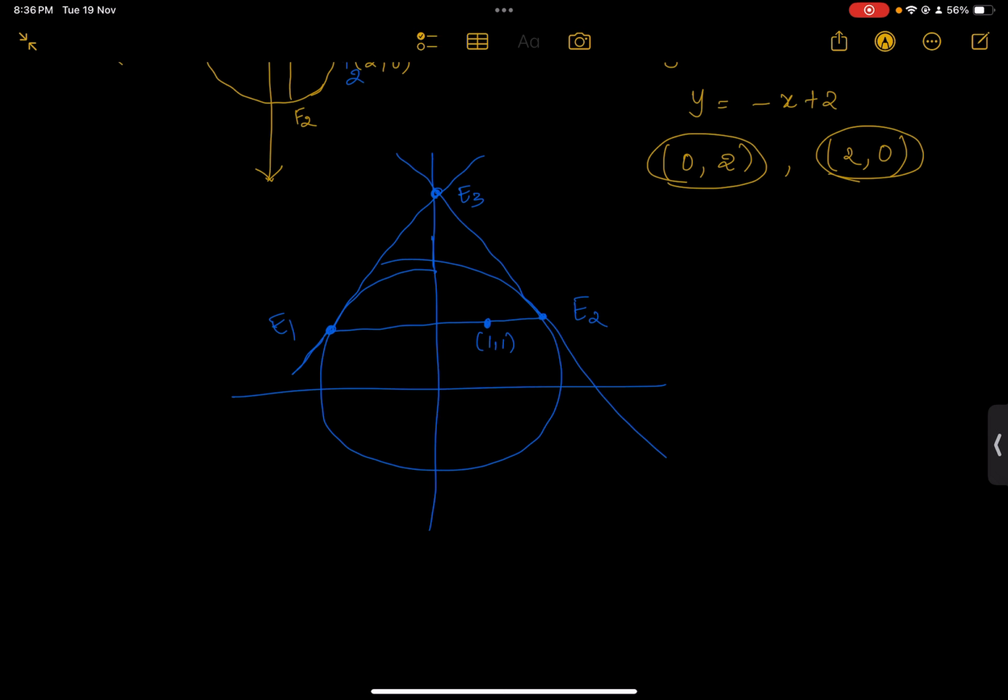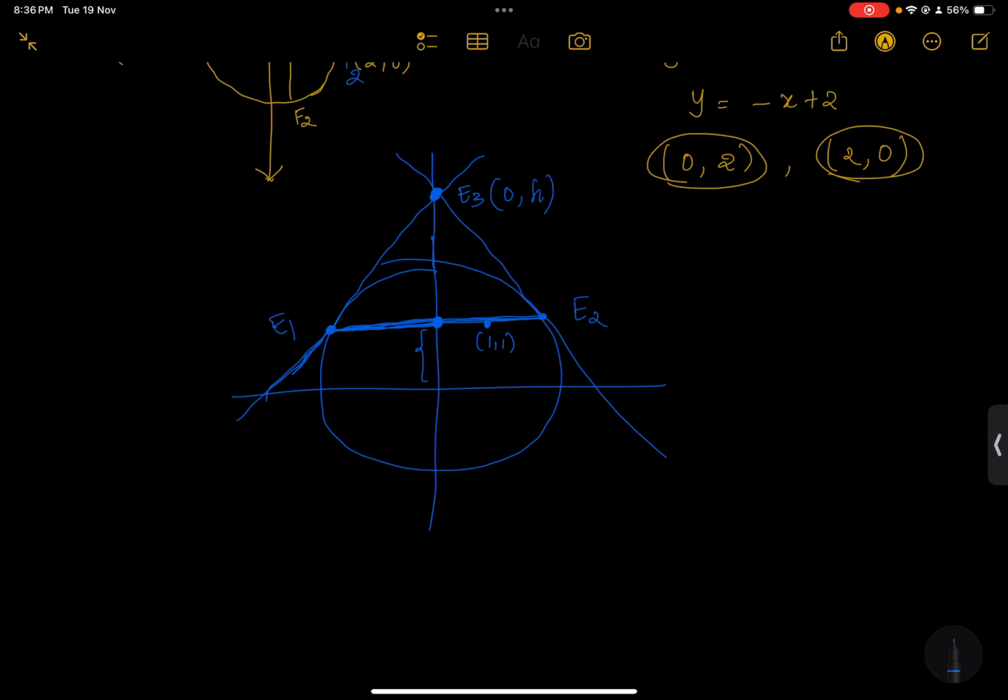E1 and E2 are at the same height from the x-axis because the line E1 E2 is parallel to the x-axis, and the distance from the y-axis to E2 is the same as the distance from the y-axis to E1. So there is a perfect symmetry, and that is why E3 lies on the y-axis. So let the coordinates of E3 be 0 comma h.